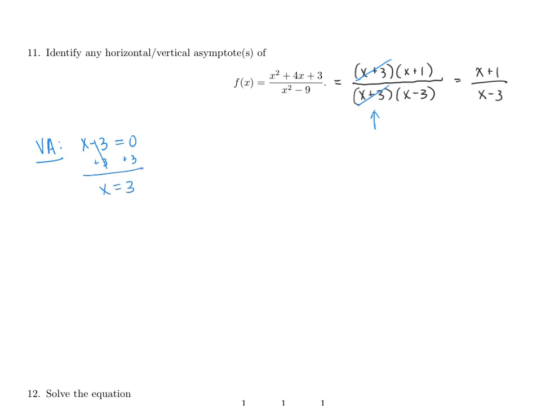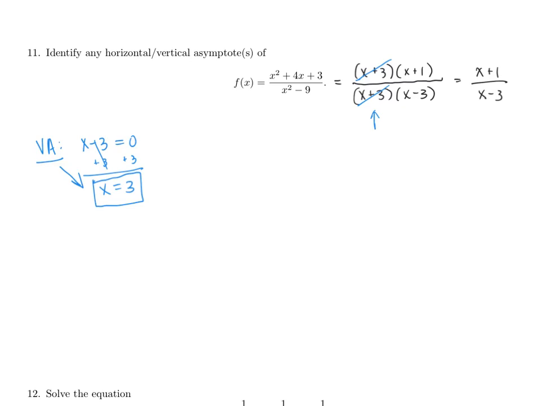So x equals 3 is the vertical asymptote. So there's your vertical asymptote, x equals 3. Okay, so again, you find your vertical asymptotes by setting your denominator equal to 0 and solving, as long as you've already taken into account the points of discontinuity.